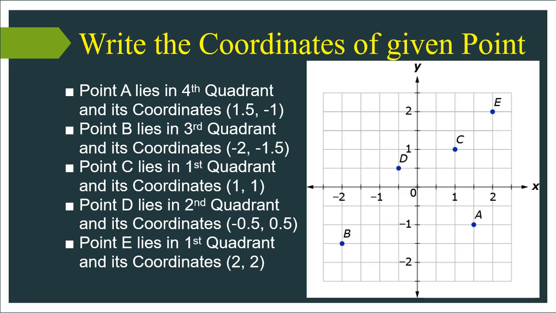Similarly, coordinates of point B. B lies in the third quadrant, x and y both negative. So, coordinates of point B are (-2, -1.5). Isn't it? Similarly, find the coordinates of points C, D and E on your own and check the answer.